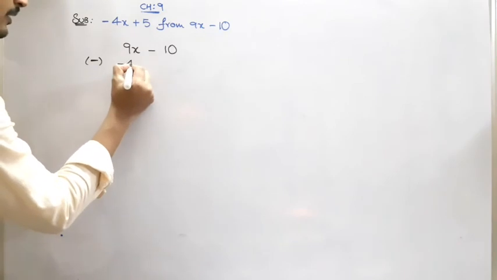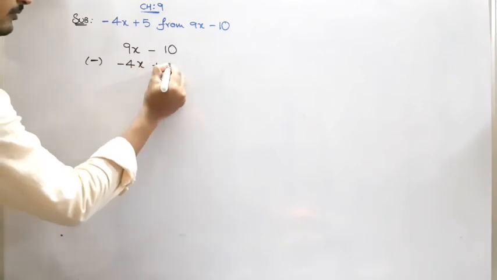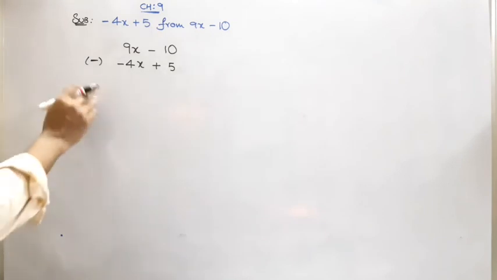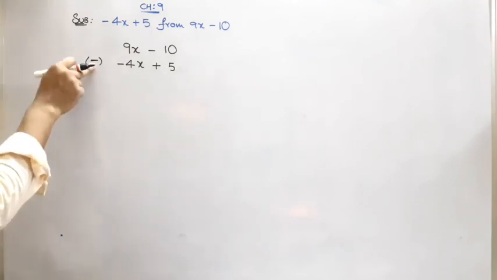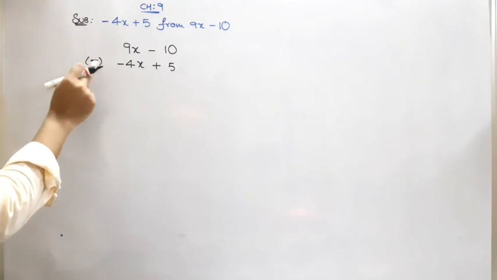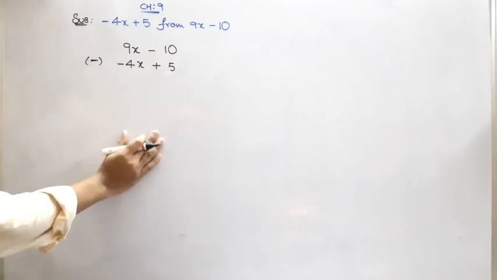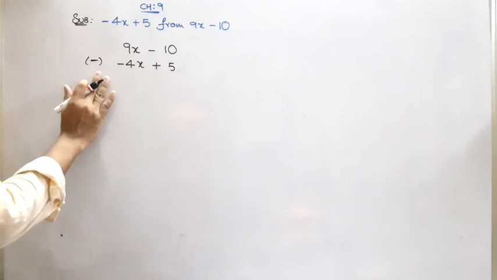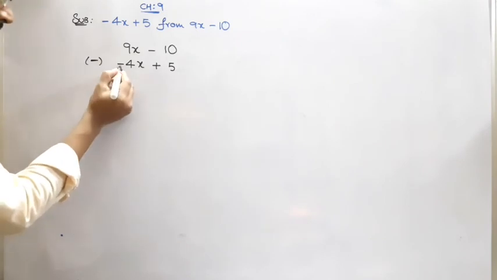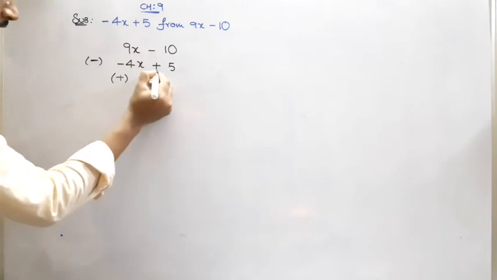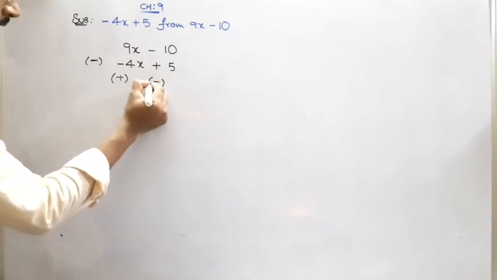Minus 4x plus 5. Okay, please be careful with signs, children. If you make a simple mistake, the answer will come wrong. When we are doing subtraction, the signs of the terms in the subtrahend should be altered. That means if we have minus, they will become plus. If we have plus, it will become minus.